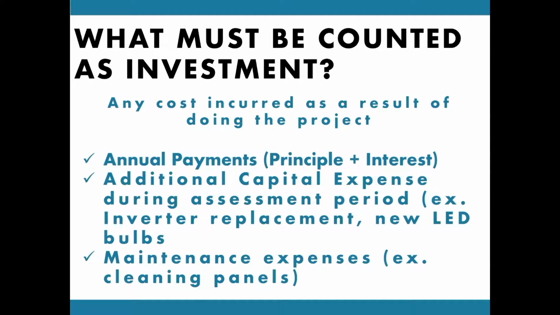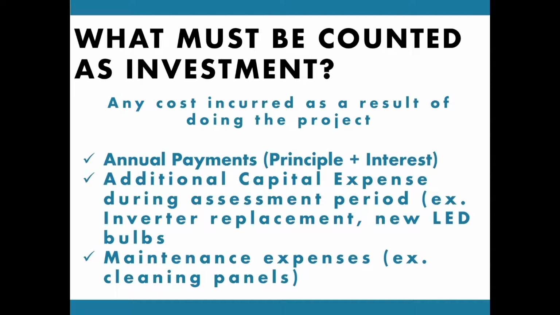We previously discussed what you could count as savings, but we also need to discuss what you should count on the investment side of the ratio. The principle is fairly similar to the one for savings. If there is a cost incurred as a result of doing the project, you should count that under the investment side. The most obvious and largest one is going to be the financing cost, so the annual payment, both principal and interest, that goes into the PACE financing.